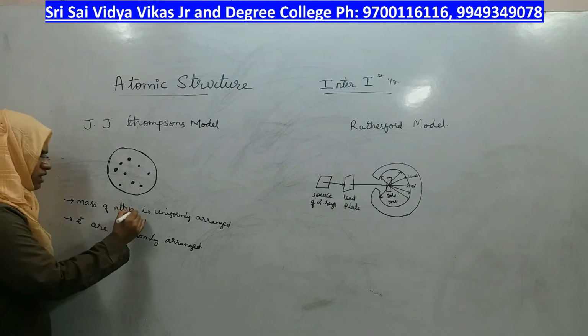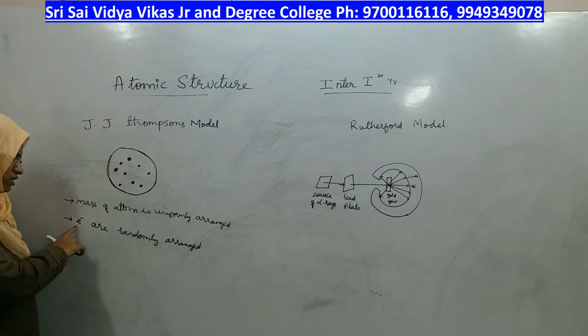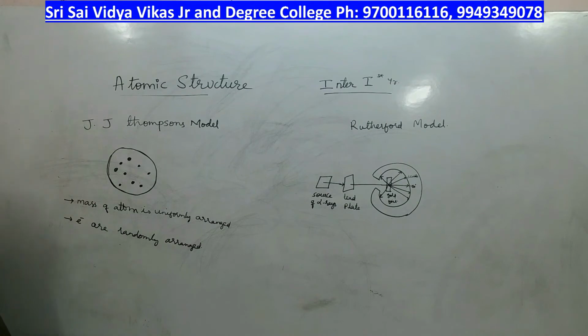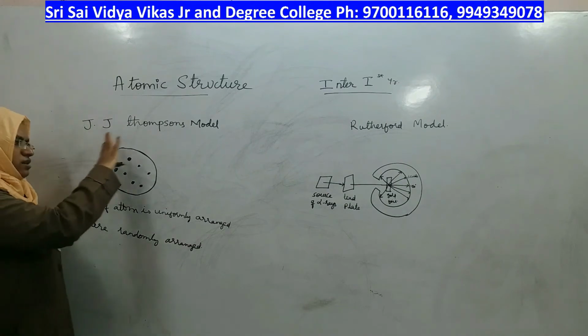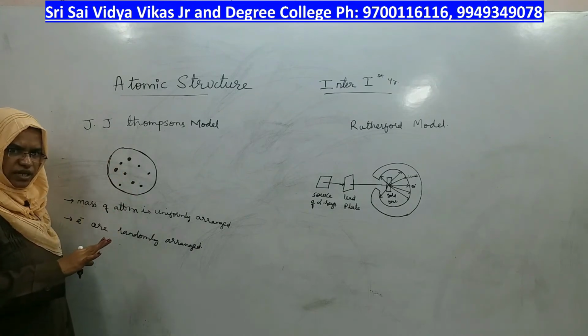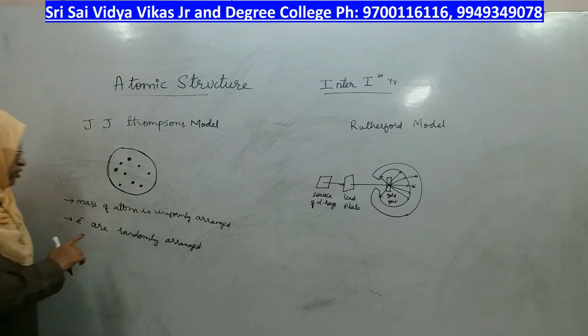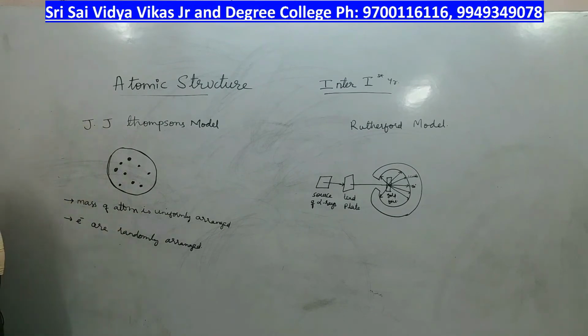As we already know, electrons are negatively charged and the remaining matter which is uniformly arranged inside the atom has positive charge, and therefore according to this model electrical neutrality was correctly explained. He is not disturbing the electrical neutrality of the atom.